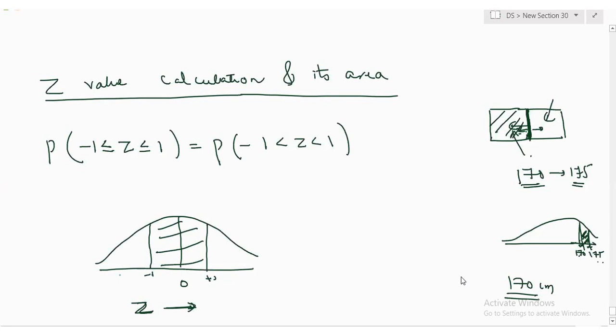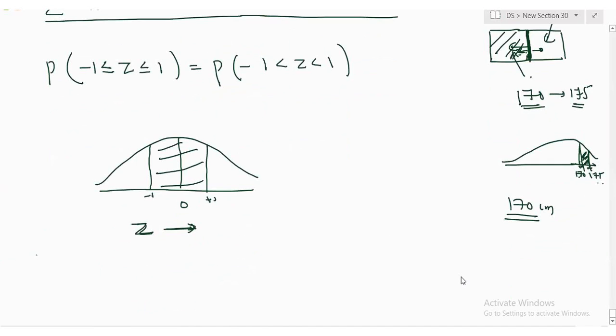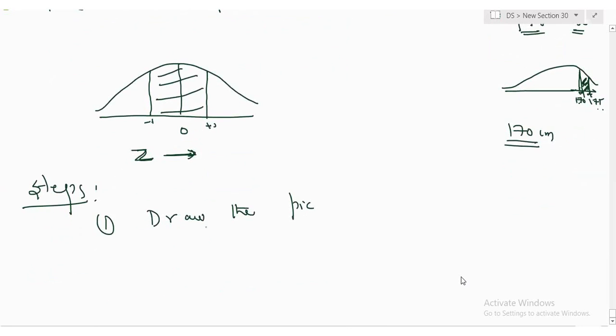What do you need to do? Let me write it. You need to always follow these steps to calculate the z value area. Two steps. First step: draw the picture and mark the mean value.